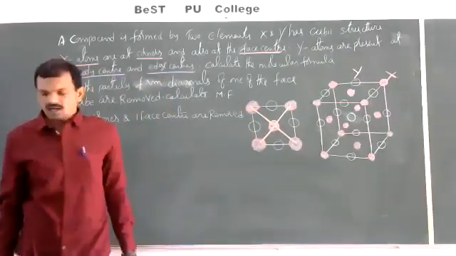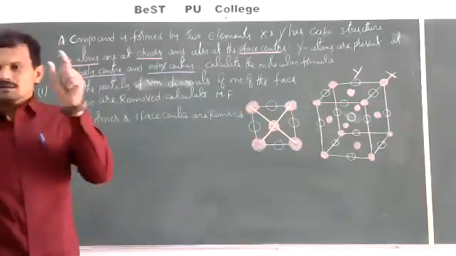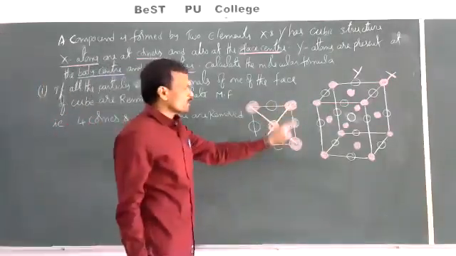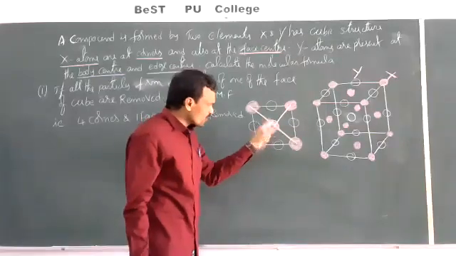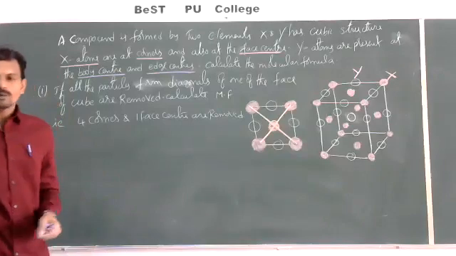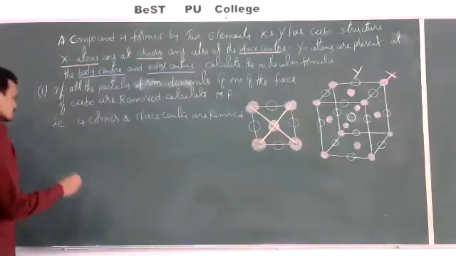So if you remove the particles on one of the face diagonals, then 4 corner particles and 1 face center particle will be removed. Now calculate the contribution of the remaining particles.